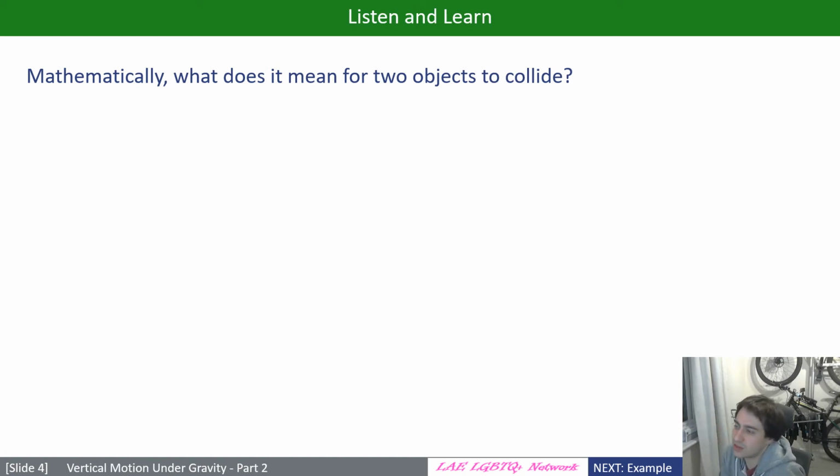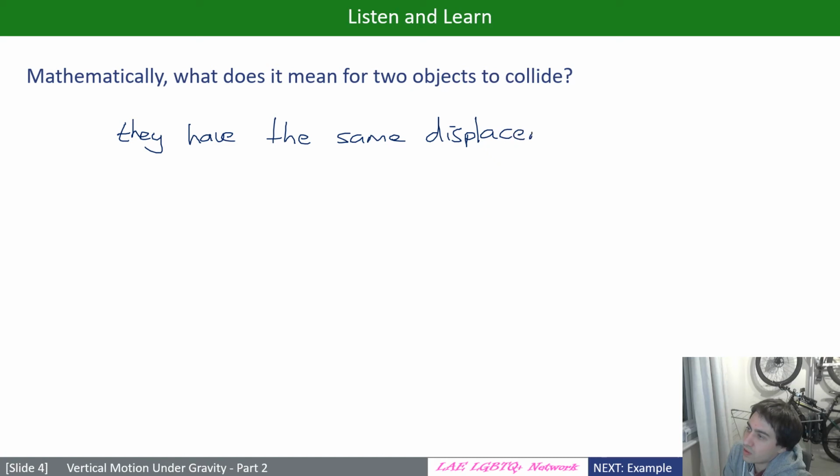The answer is, mathematically speaking, it means they have the same displacement at the same time.